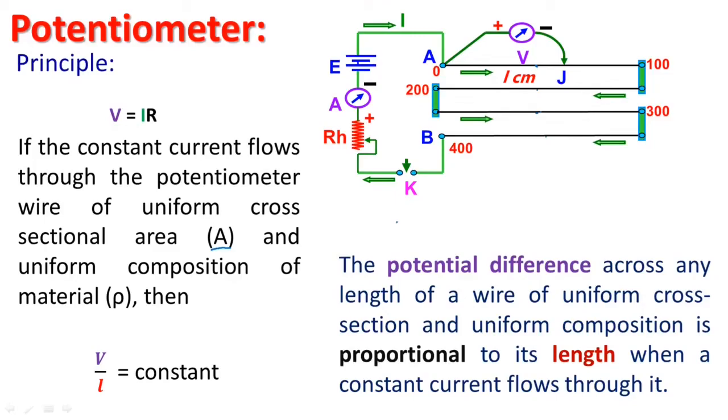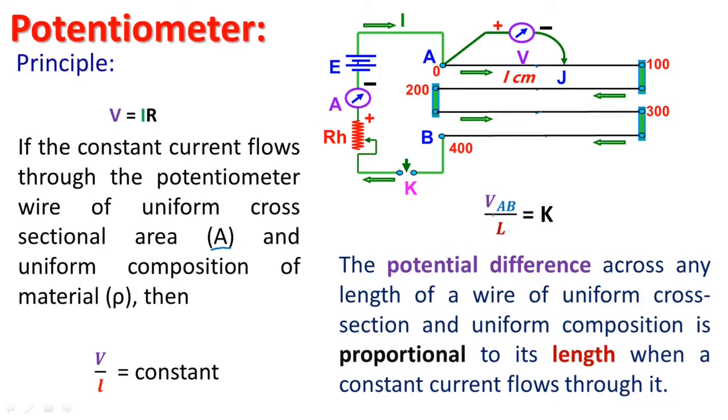As the length of wire increases, potential difference across the length also increases. Hence, V by L is equal to constant, that is denoted by K. K is potential gradient. That means K, the potential gradient, remains constant.